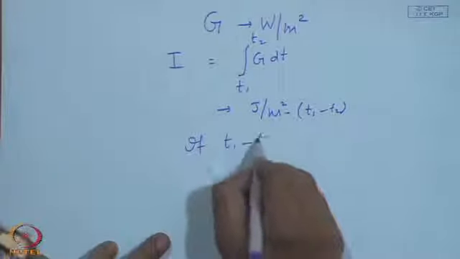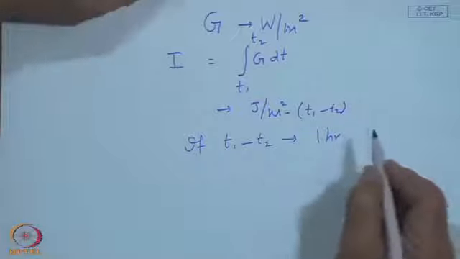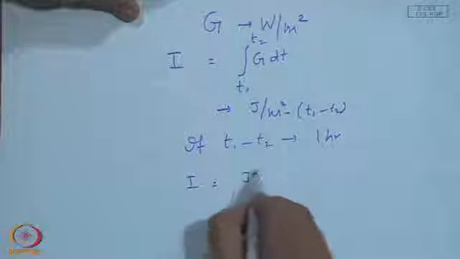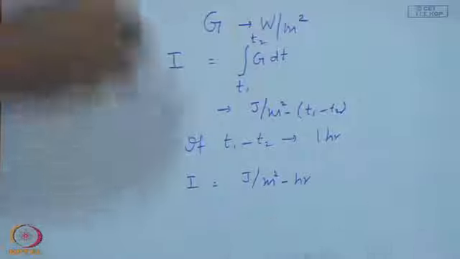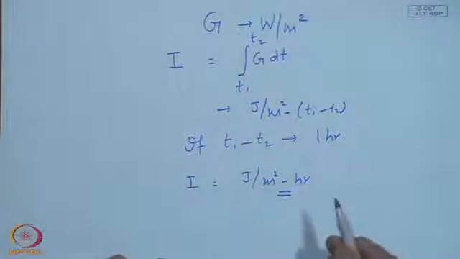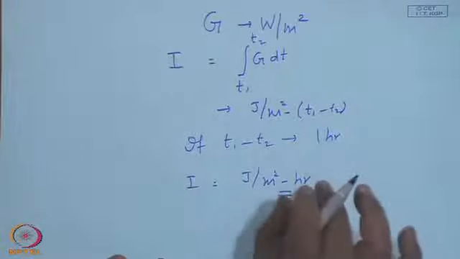If T 1 minus T 2 is 1 hour, typically available value in the data, then I will write joules per meter square hyphen hour. Please note that I am emphasizing it is not joules per meter square hour, but it is joules per meter square in 1 hour.